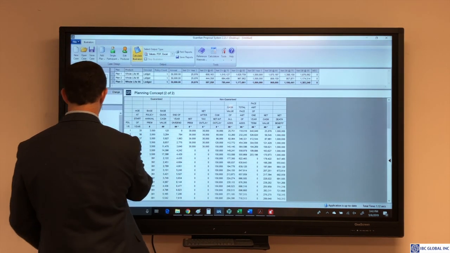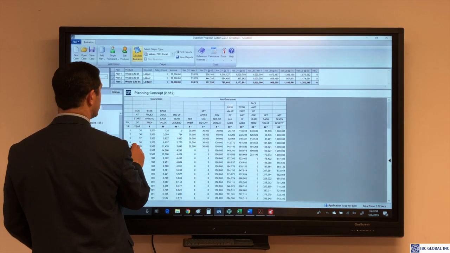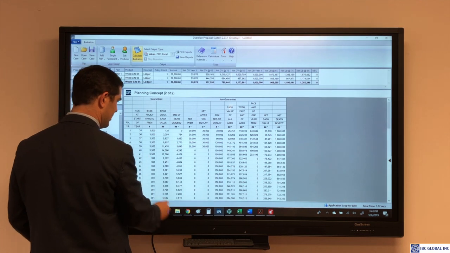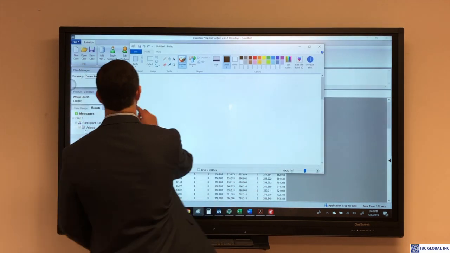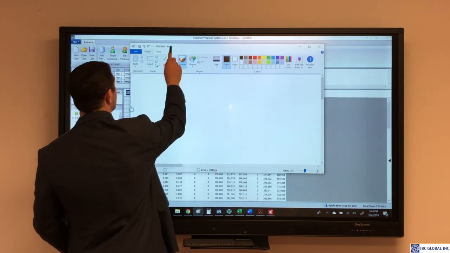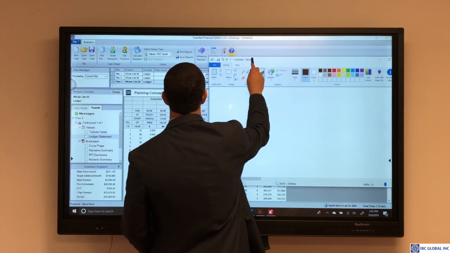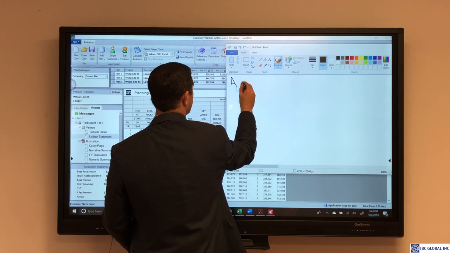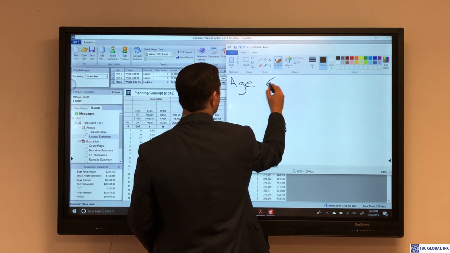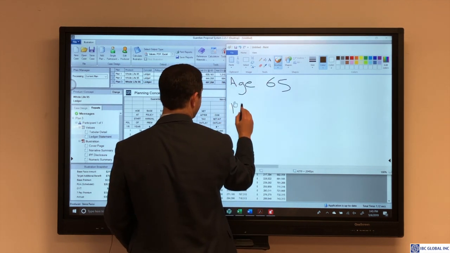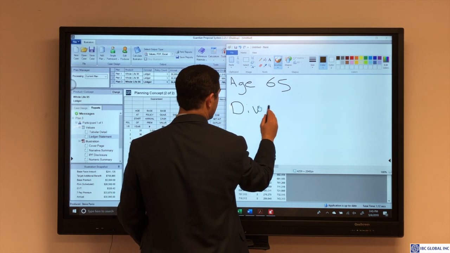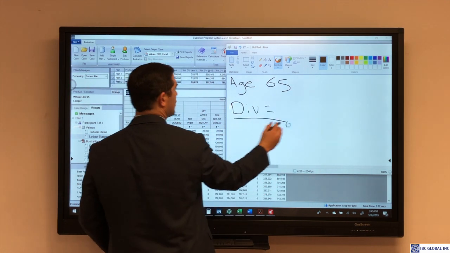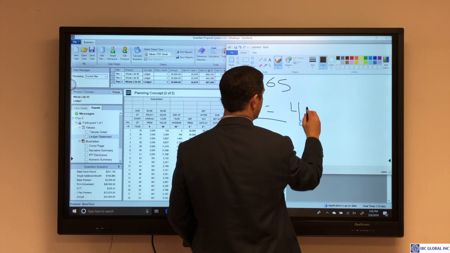So rather than go back and forth here, let's do this. What do we got? That's all I need. So age 65, dividend option. What do we got? $444,000 in cash.